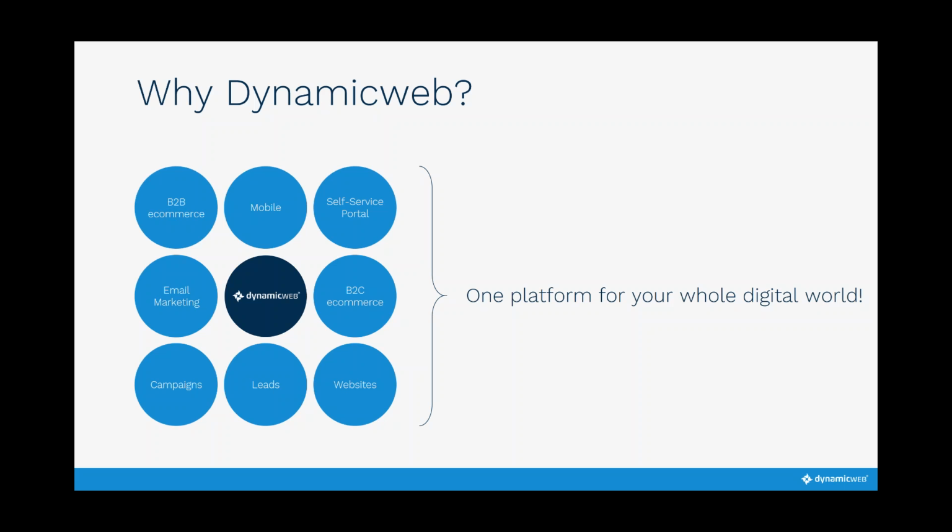If you want one all-in-one platform that can generate B2B e-commerce, B2C e-commerce, B2A or B2G e-commerce, if that's of importance. If you want a mobile platform, a self-service portal with orders and reclamations and everything, if you want email marketing, campaigns, leads and websites built and maintained on one platform with a single skills requirement, that's why you should choose Dynamic Web.